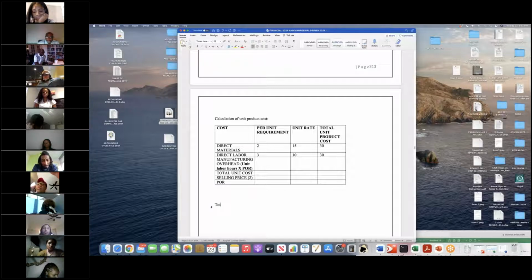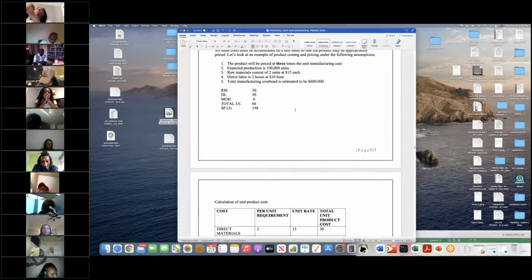So to get a unit overhead rate, we first of all start with the total overhead. And we said that was 600,000. Okay, so the total overhead was 600,000. The quantity that we are making, we said was what? 100,000.